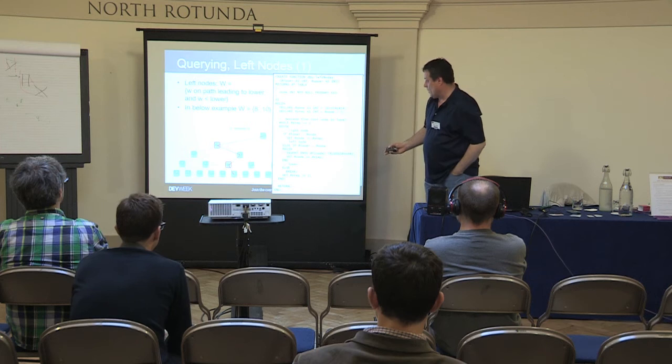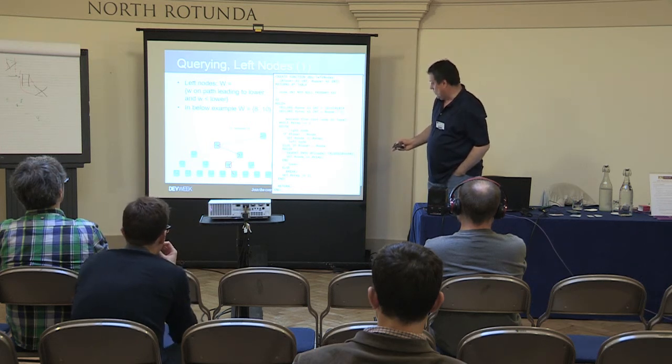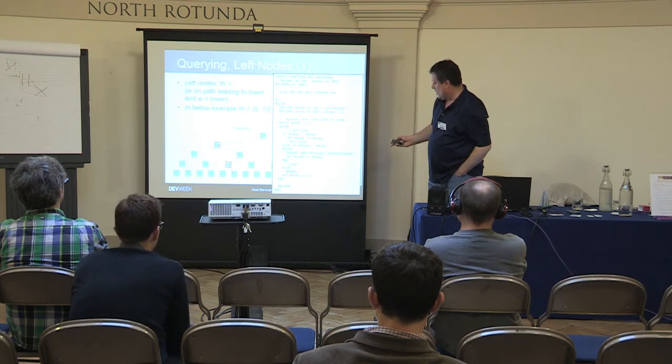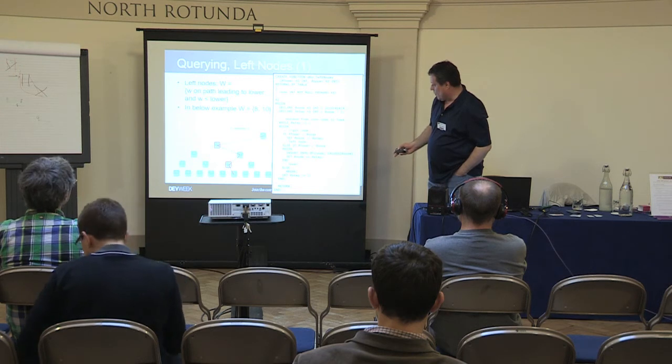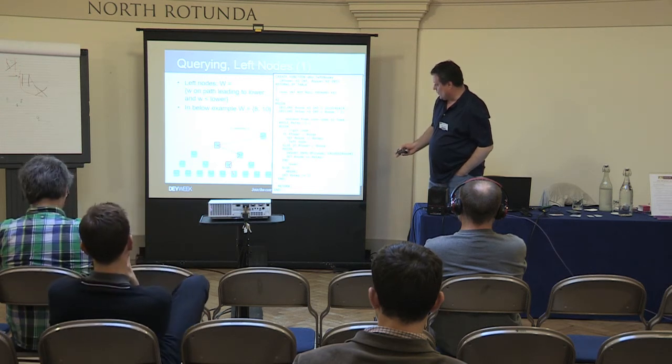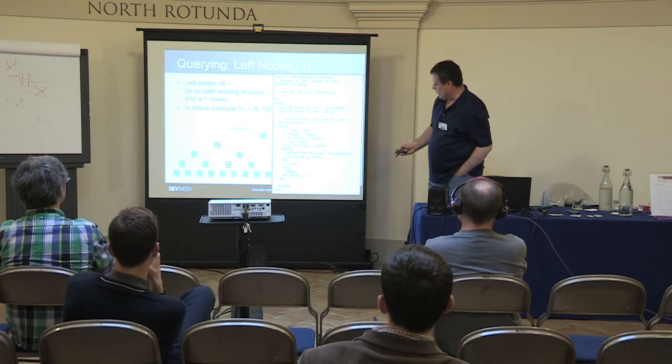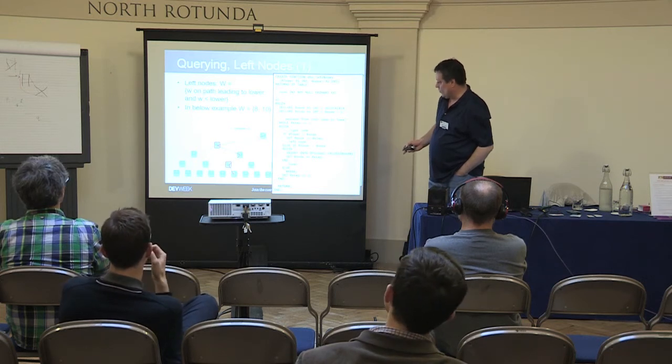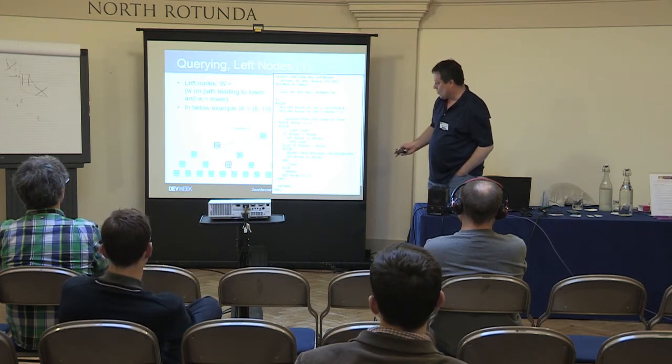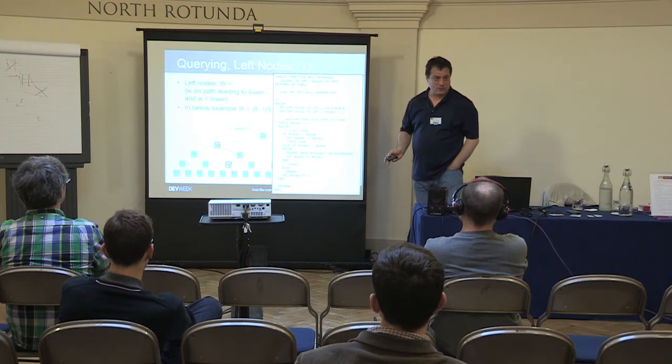So for example, I have this node 10 that is covering, let's say that my search interval is something between 10 and whatever, something on the right. So node 10 is also covering interval 9 to 9, which is not overlapping.